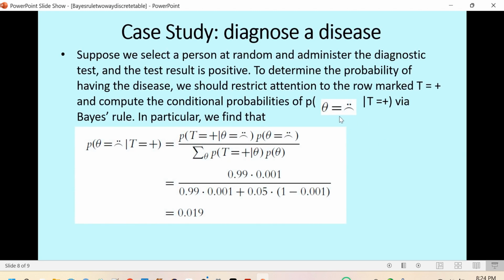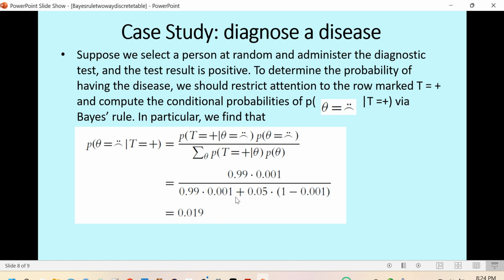So if we look at this calculation, the probability of the person having disease given the test is positive equals the prior times this conditional, which is actually this field probability, divided by the total probability of this marginal.